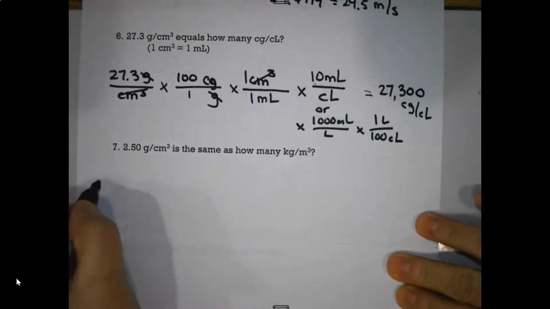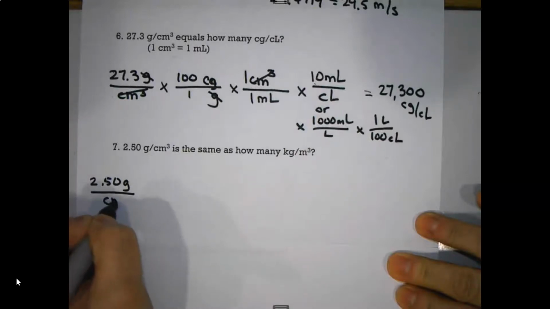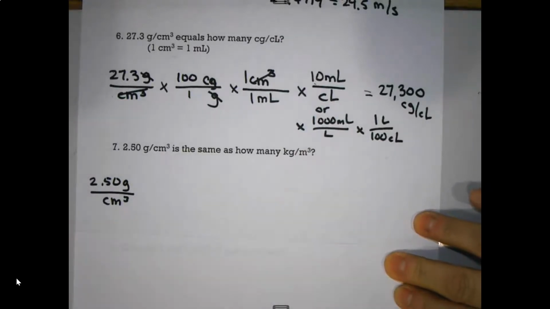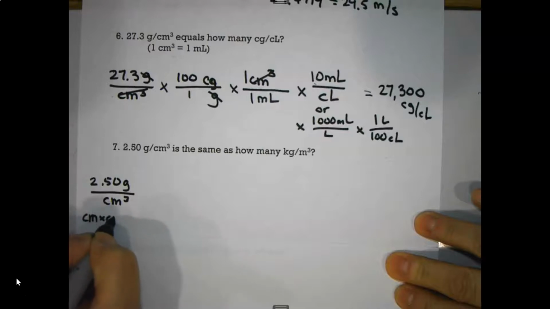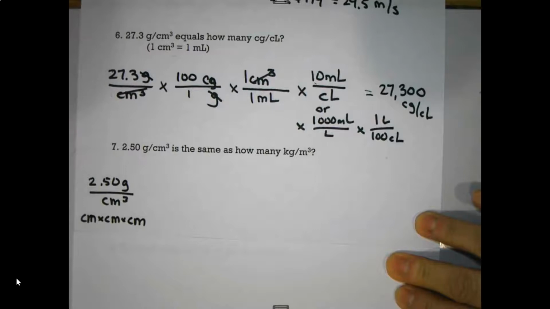So I'm going to start off with 2.50 grams per centimeter cubed on the bottom. That's a 3. I know it doesn't look like much, but remember that centimeter cubed is really centimeter times centimeter times centimeter. That's what you've got to remember to do a conversion like this. You might have centimeters squared, centimeters cubed, or whatever squared, whatever cubed.